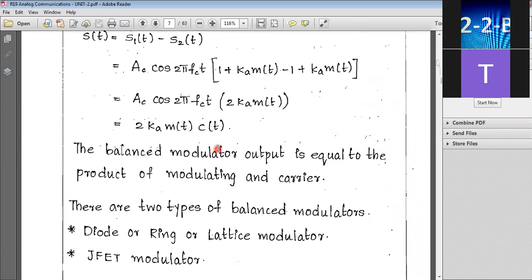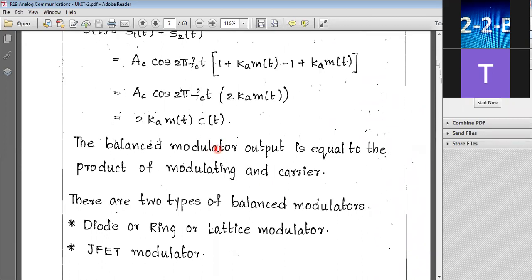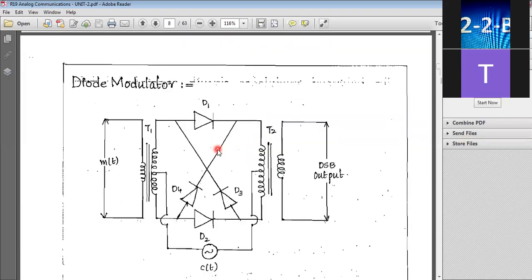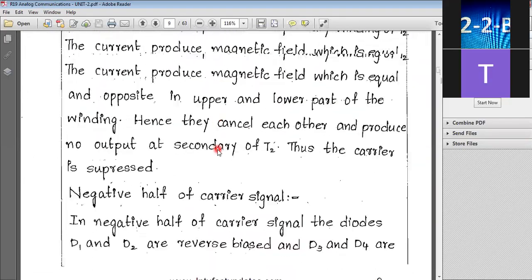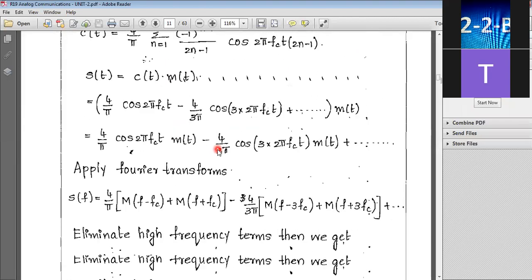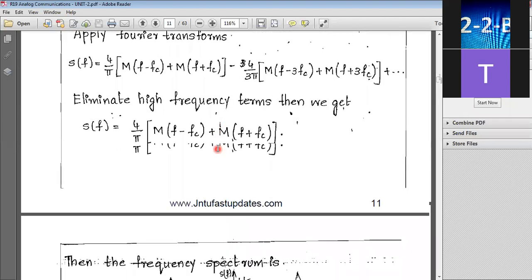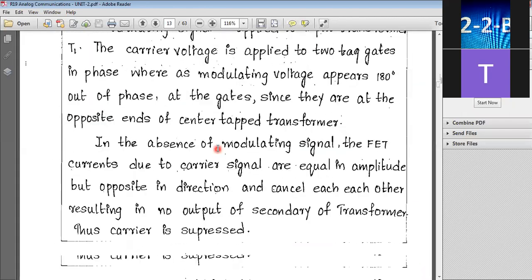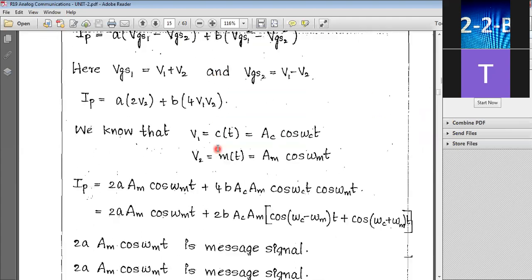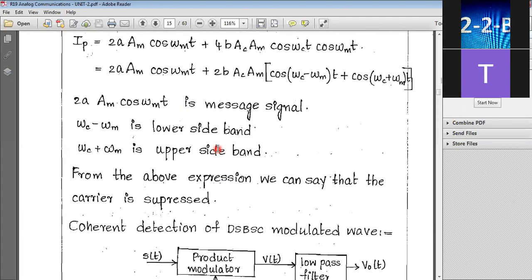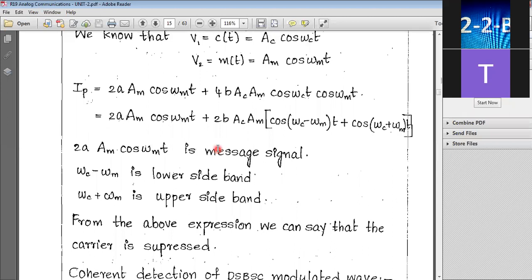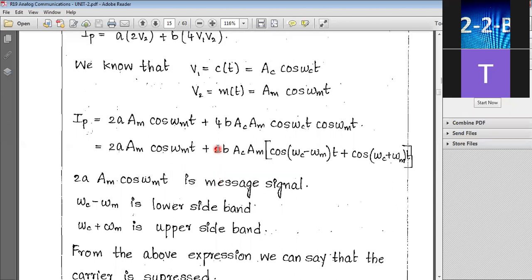It is m of t into c of t. So this is our message signal and upper side band and lower side band.